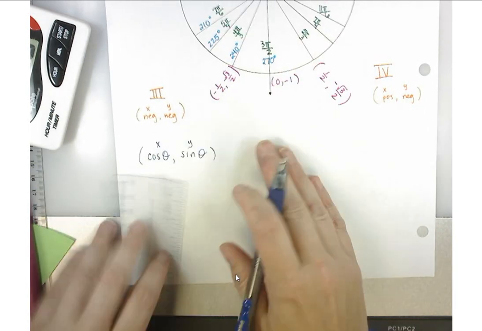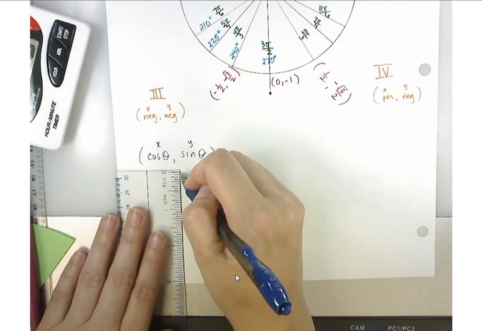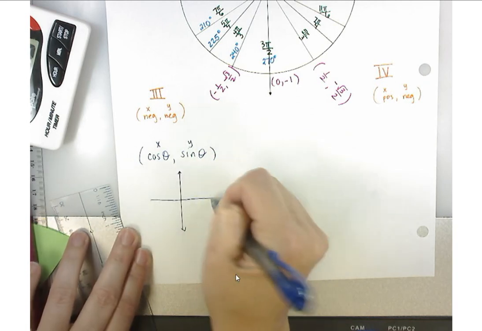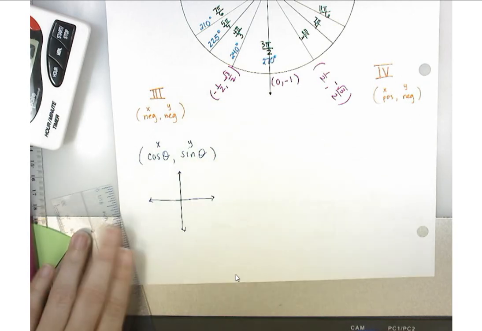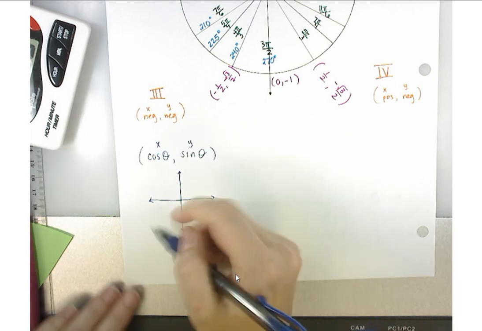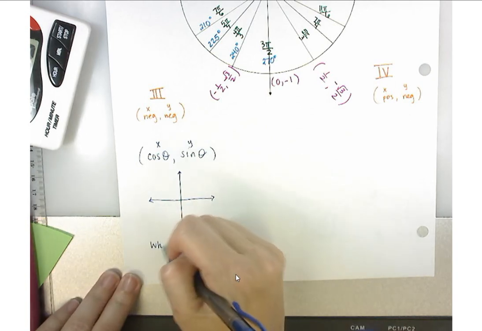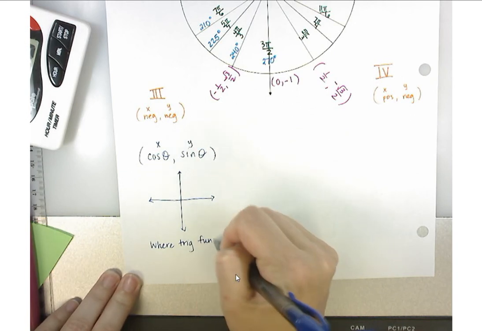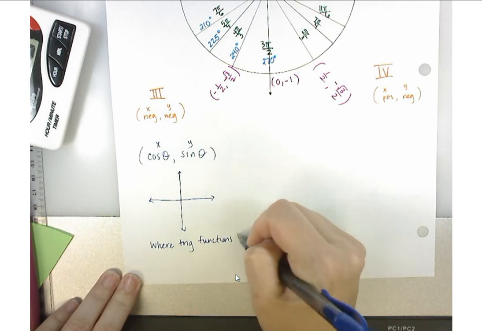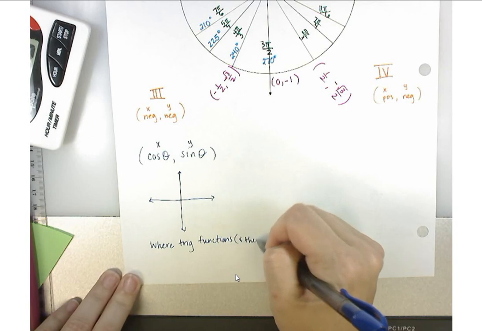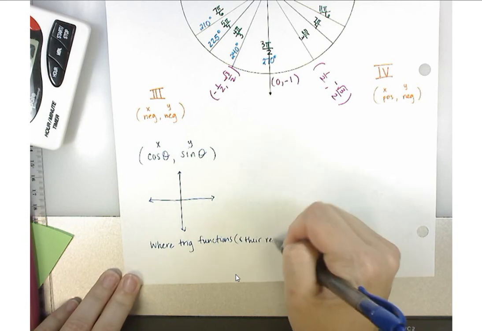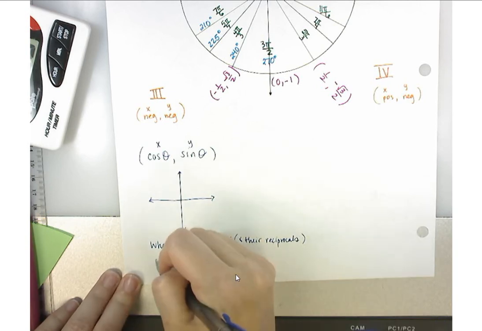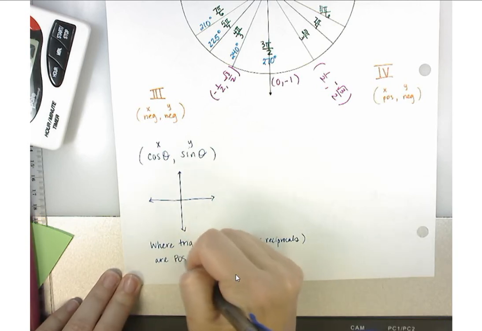And there's a few special things that you can tell from your quadrants. One of these is you can tell where the trig functions and their reciprocals are positive. Do you guys remember the reciprocals?